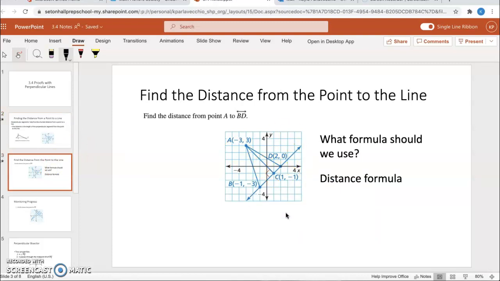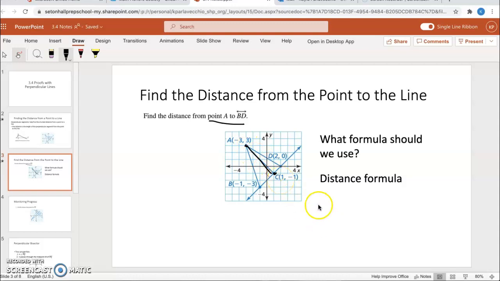We're going to find the distance from point A down to point C because we want to find the distance from point A to line BD. And this is the shortest segment that we want.